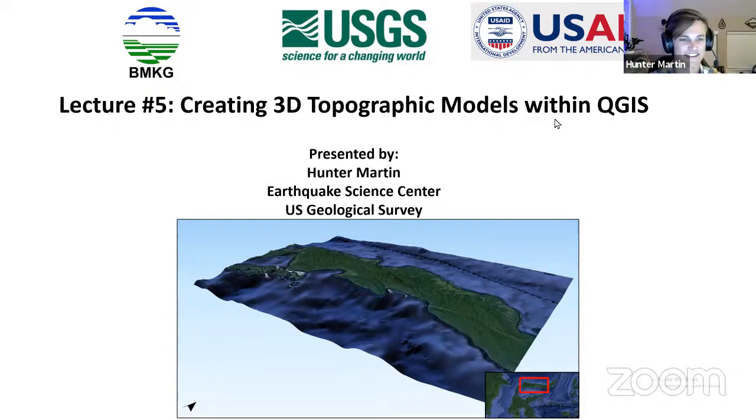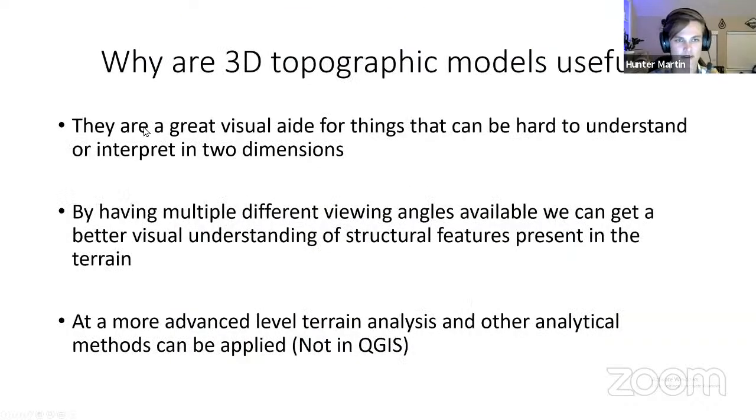Thank you, Jen. All right, so today we're going to look at creating 3D topographic models within QGIS. This is a basic but simple way to create a 3D landscape. Why would we make these models? I find they can be a great visual aid for things that are hard to interpret, like complex structures or fault systems that we want to look at in 3 dimensions.